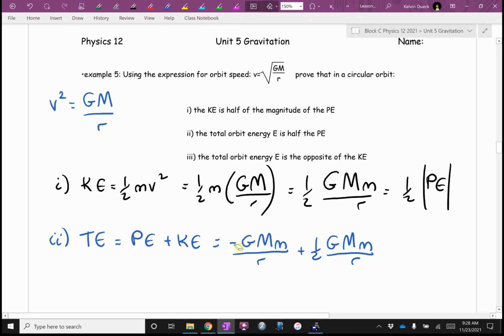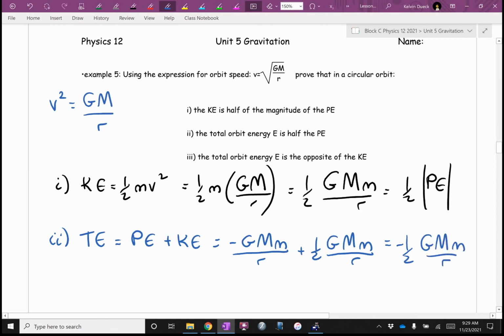What number is sitting in front of the big G technically right there? This is -1 plus a half, because they are like terms. They all have a big G, a big M, a little m, and an R. What's -1 plus a half? I get -1/2 big G, big M, little m over R.